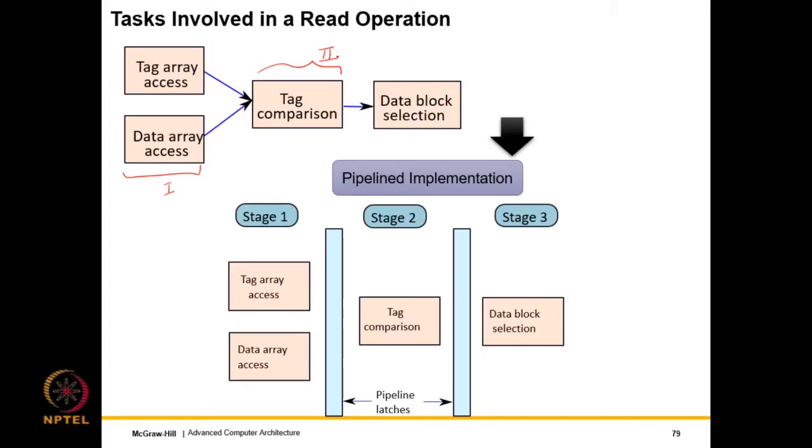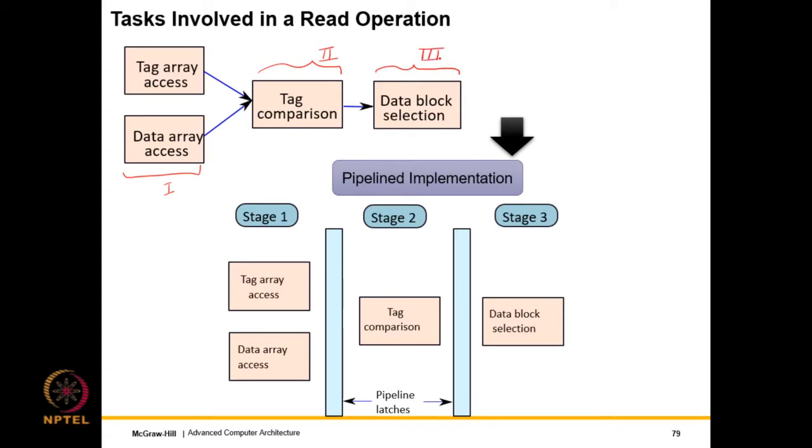The other is that we just compare the bits, and then we compute an XOR. And if any bit pair differs, then the values are not the same. Regardless of how we do it, this will take one full substage. And finally, if we find a match, then we select the data block.